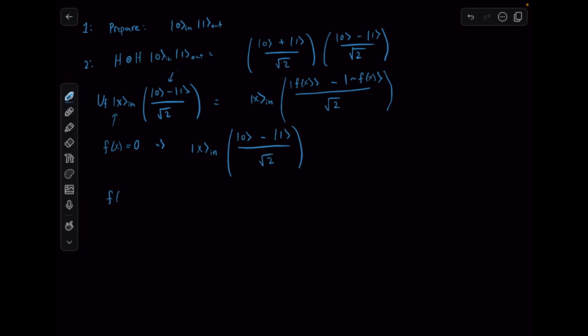Let's say instead f of x was equal to 1. Then we have our input register, and instead of 0, we put 1 here, and instead of 1, we put 0, right? So you kind of get this flip, but given that we have this minus sign here, this is actually just the original state times minus 1.